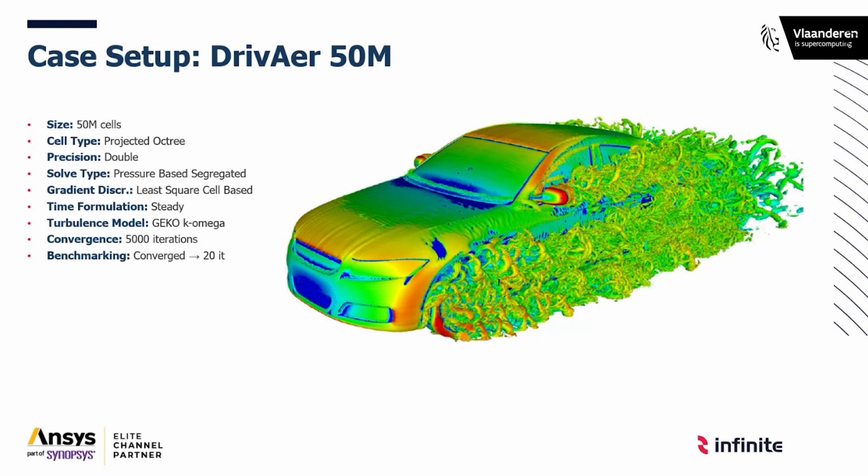Probably more speedup can be gained with single precision. I used the segregated or SIMPLE solver type. It's a steady-state case with the GEKO model, which is a turbulence model built to fine-tune your turbulence parameters for your case. This case needs 5,000 iterations to converge, and I ran my benchmark tests on 20 iterations per setup.